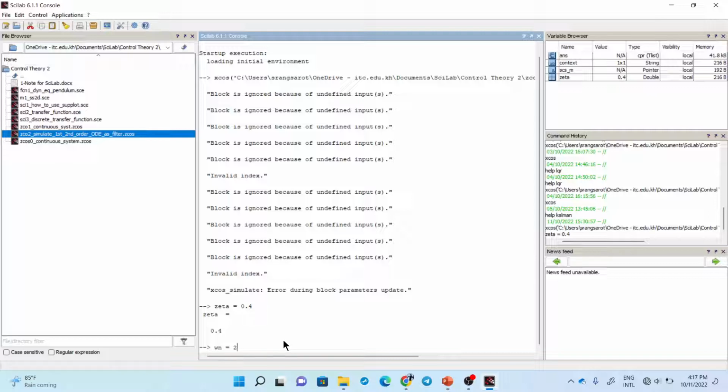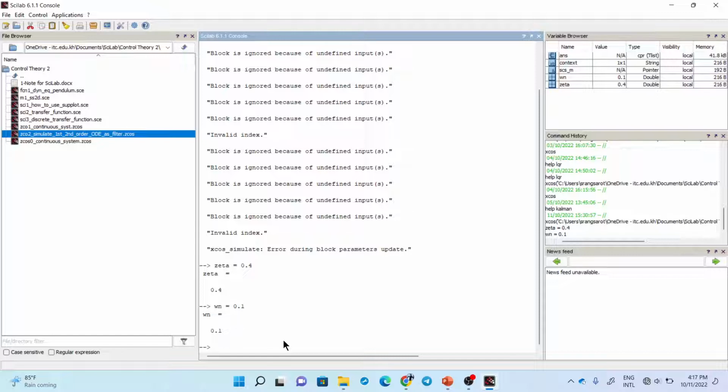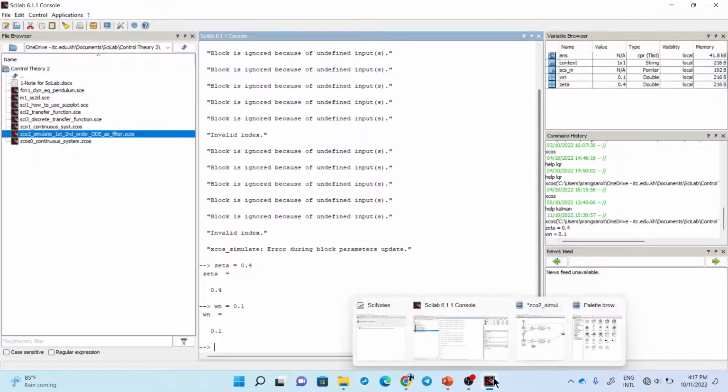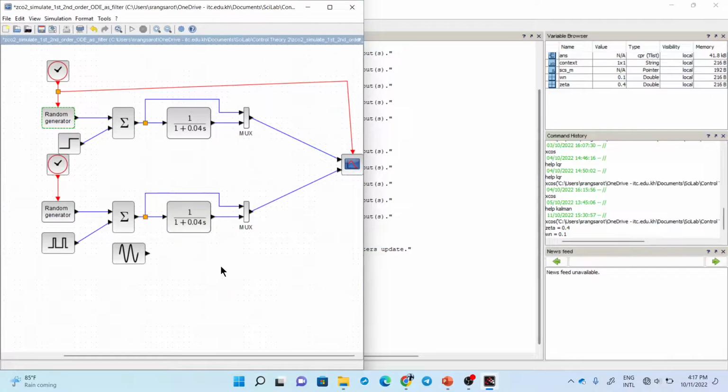Well, I just said that I want to try it with 0.1. Just try with this first. Now I have values for zeta and omega n here.